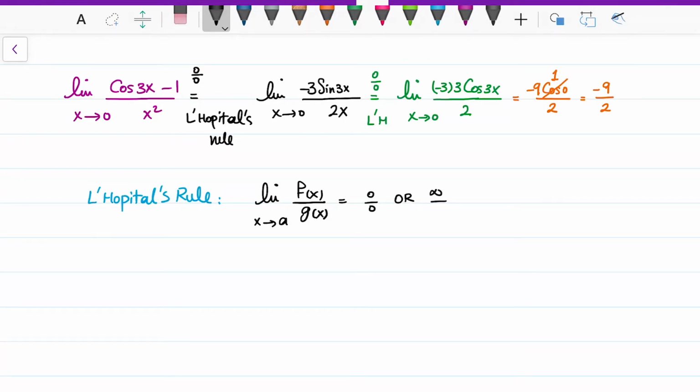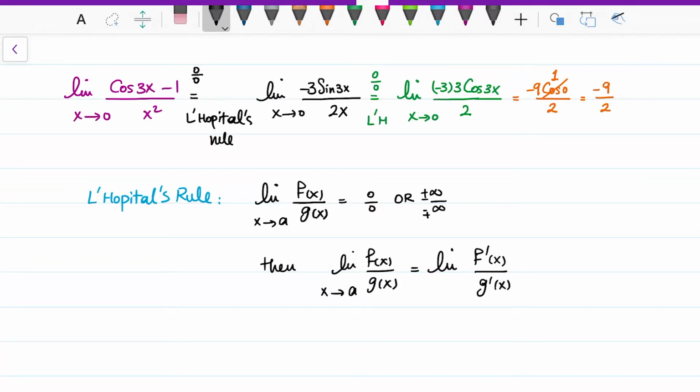or if we get infinity over infinity, any combinations of positive infinity over positive infinity, or positive infinity over negative infinity, any combinations of infinity over infinity or 0 over 0, then we can say that the limit of f of x over g of x as x goes to a is equal to the limit of derivative of the numerator over derivative of the denominator as x goes to a.